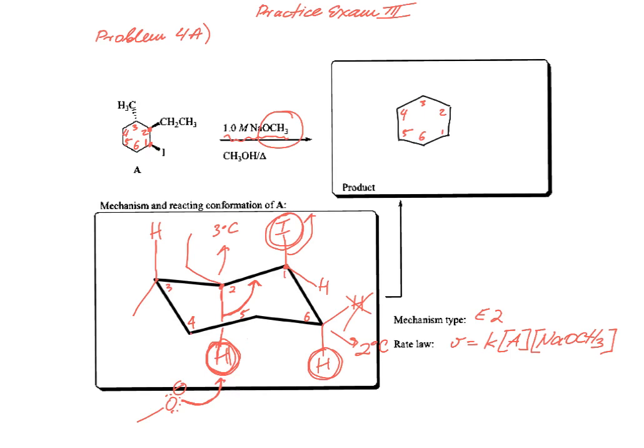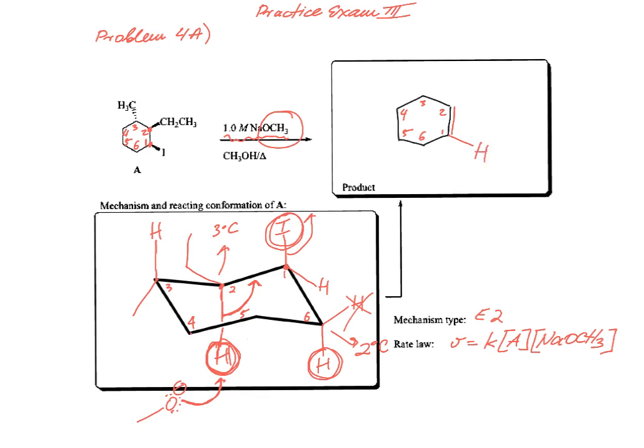So we see that in our product, the double bond, the pi bond, will be between carbons 1 and 2. Draw the product, add the pi bond between carbons 1 and 2, and fill in the missing substituents. At carbon number 1, iodo group is gone since it was expelled. Hydrogen remains.